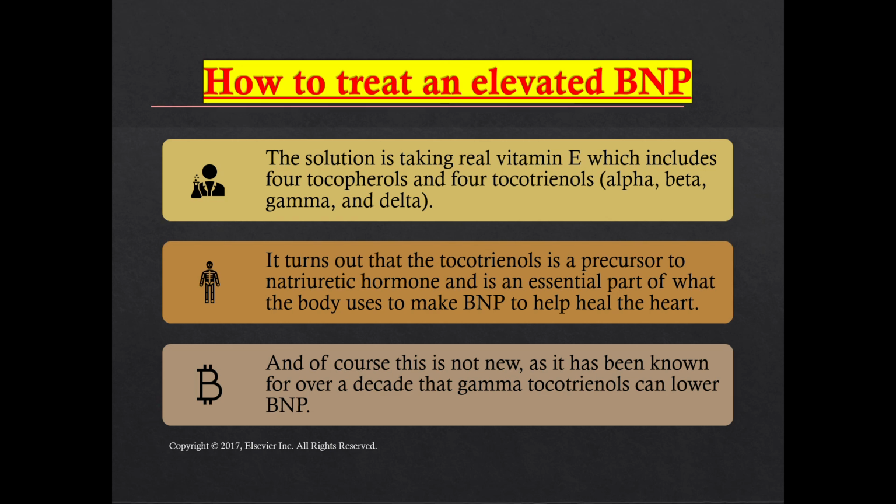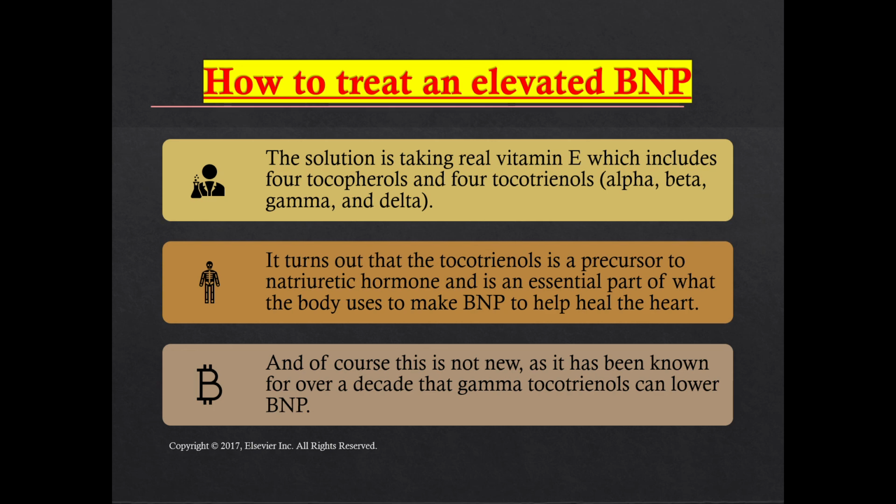So how do we treat an elevated BNP? We know that the number one lab directly correlated to heart failure is BNP. As BNP goes up, your heart fails more, directly related.